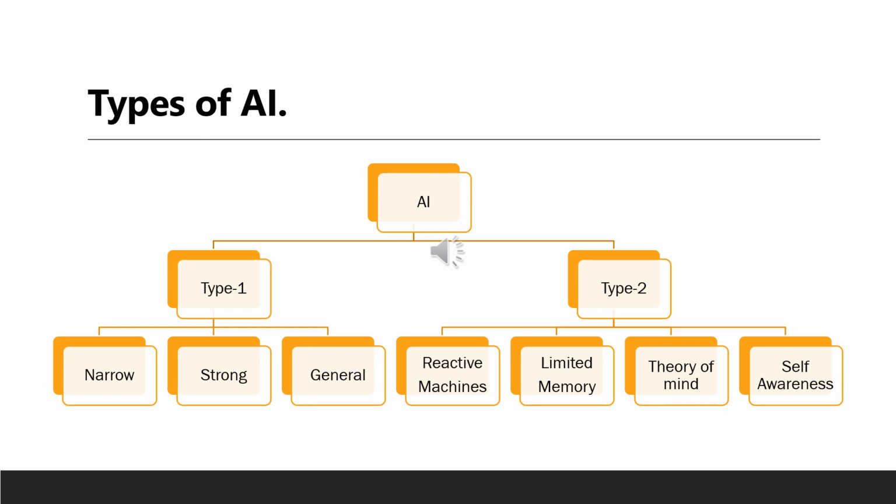We have the theory of mind. Don't forget, under the introductory class, we discussed the various researchers' views about AI, where we have the theory and laws of thought. Okay, then theory of mind. AI should understand human emotions, understand beliefs, and be able to interact socially like humans.